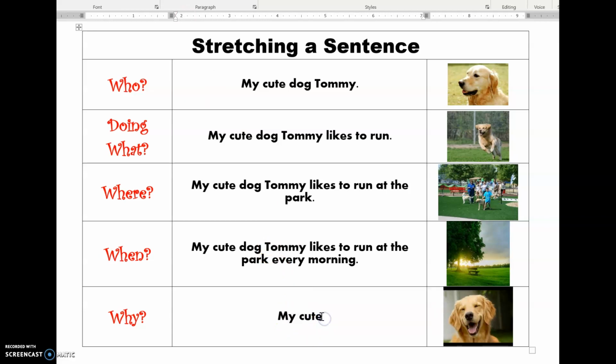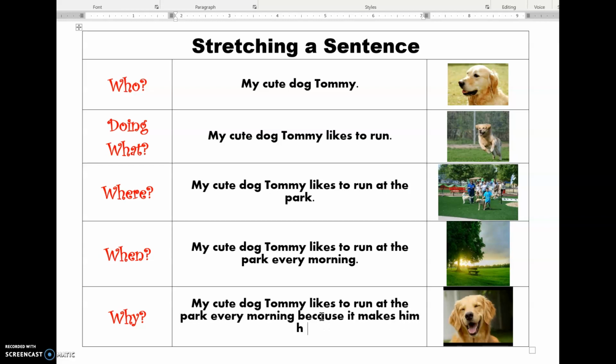My cute dog Tommy likes to run at the park every morning because, let me look at that picture. It looks like Tommy is happy because it makes him happy, right?